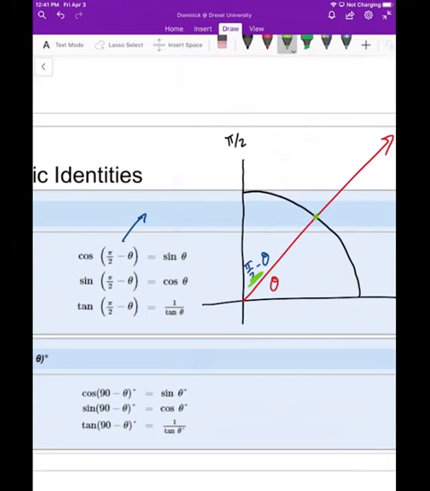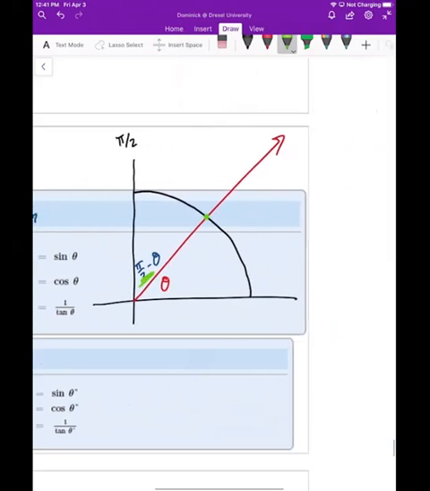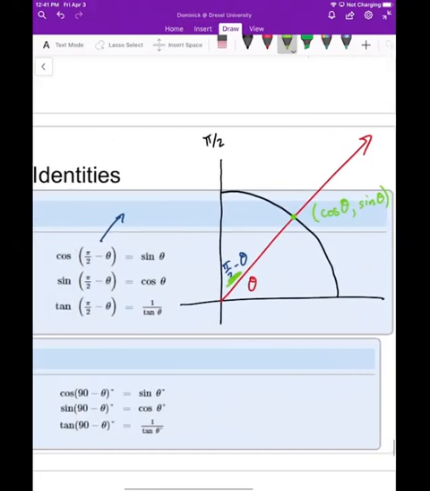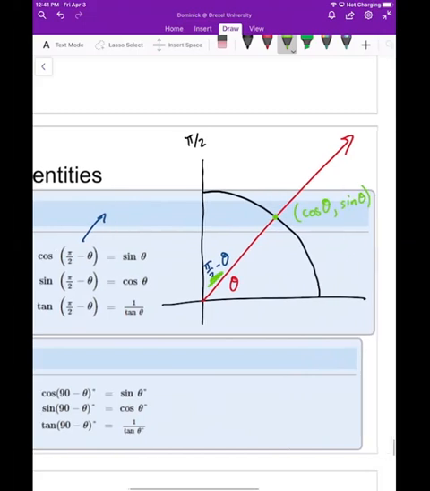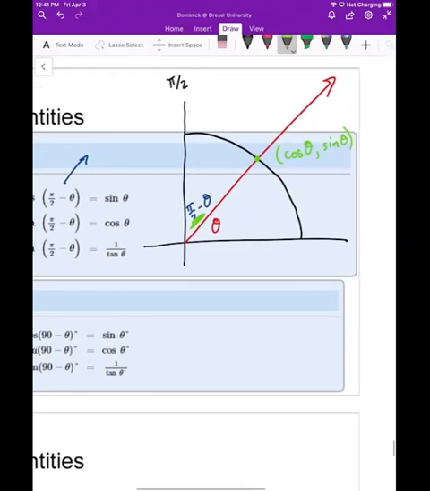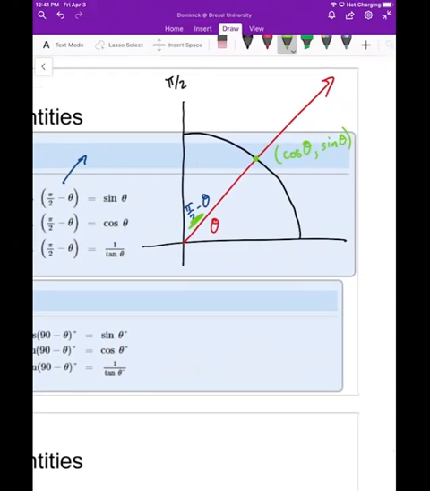Let's think about this point right here. This point right here is cosine of theta, and it is also sine of theta. Right? So what we can see there is that that's going to be the same point for the pi over 2 minus theta case, right?